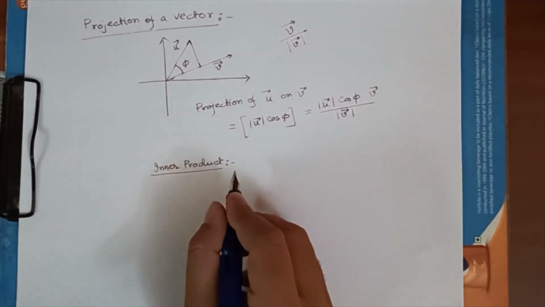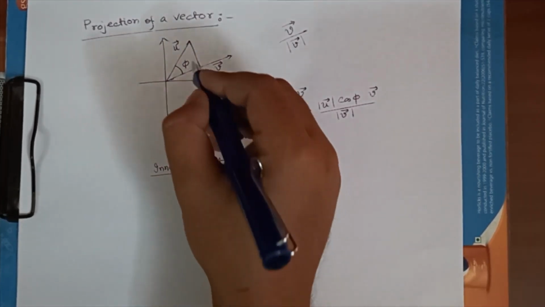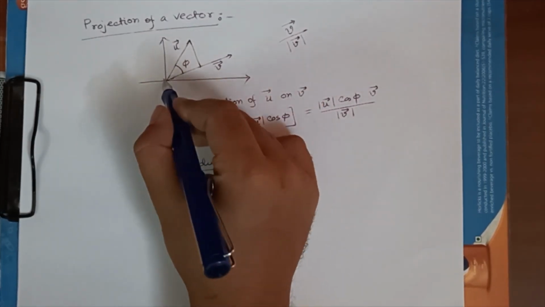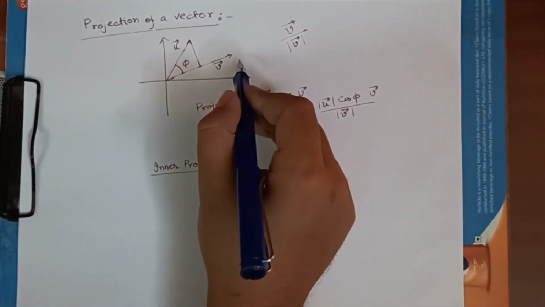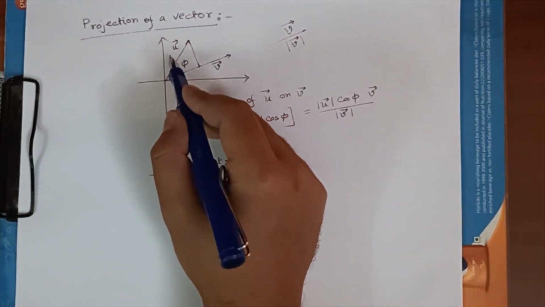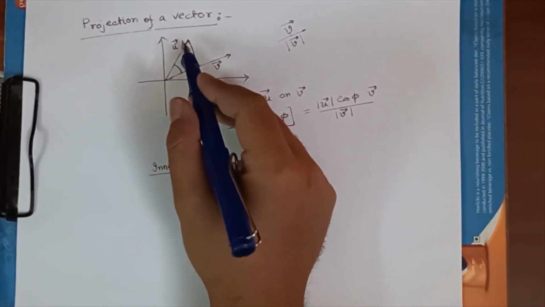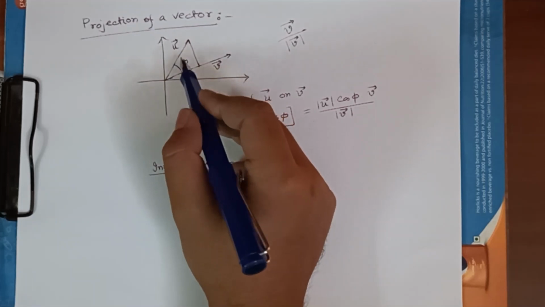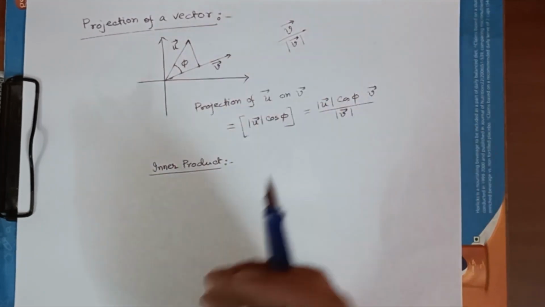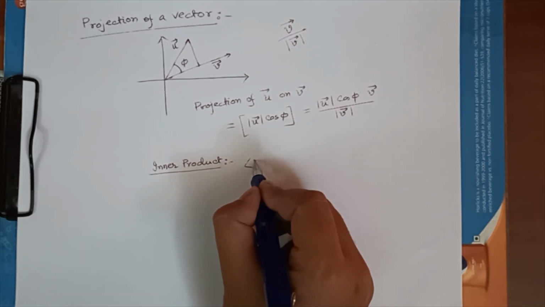This inner product or dot product concept came from basically mechanics, where there is some force in this direction and there is some displacement in this direction, so the work done by that force is a scalar quantity which will be basically the length of u into the length of v into cosine theta, because this component of u in this direction is u cosine phi, multiplied by the displacement in that direction, so that will be the work done. So in that sense, inner product is defined between u and v.